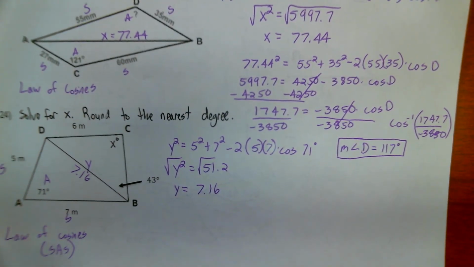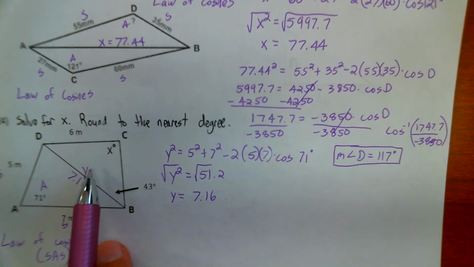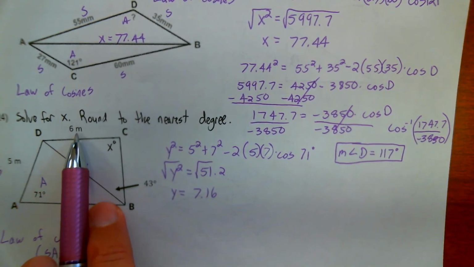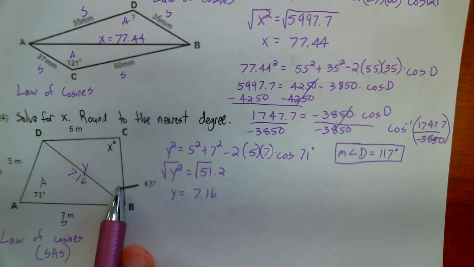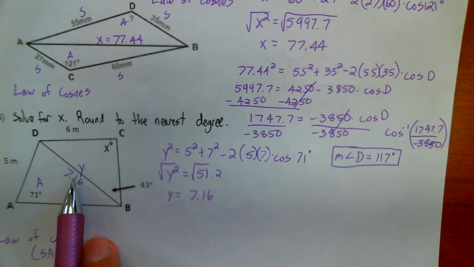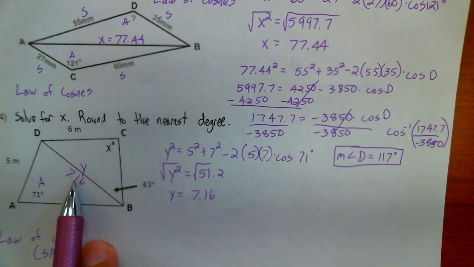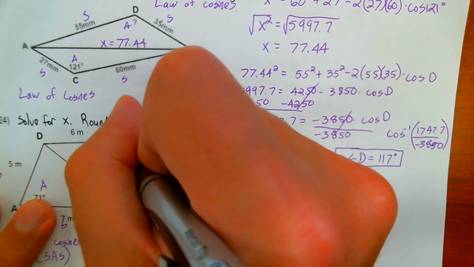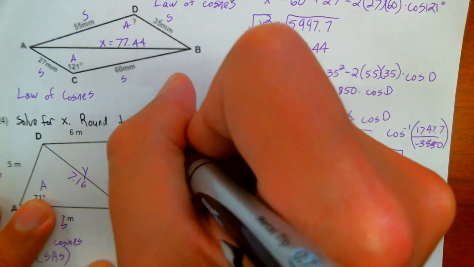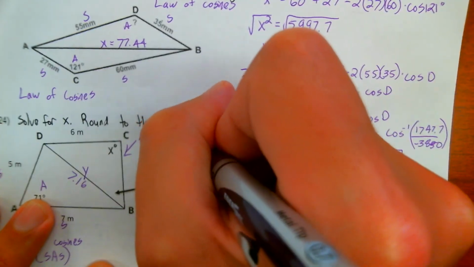Now over here on the top triangle, what do I have? I have side, angle, angle, side. So I have side, side, angle, SSA. On this one, we're actually going to use the law of sines.